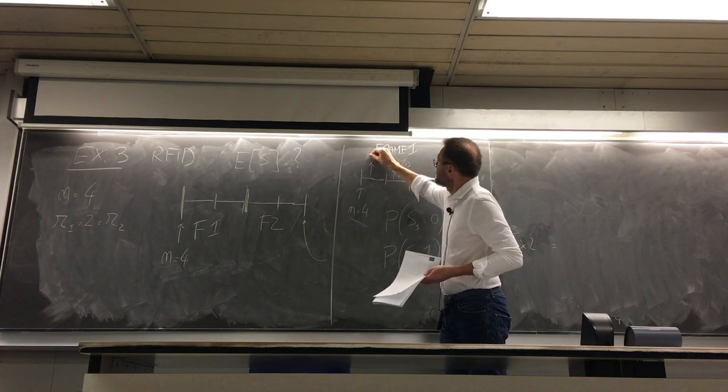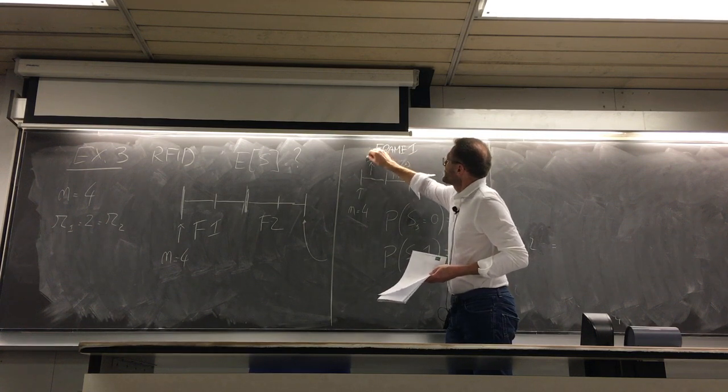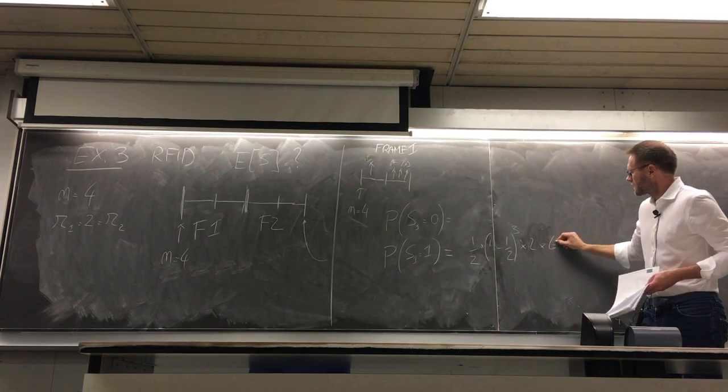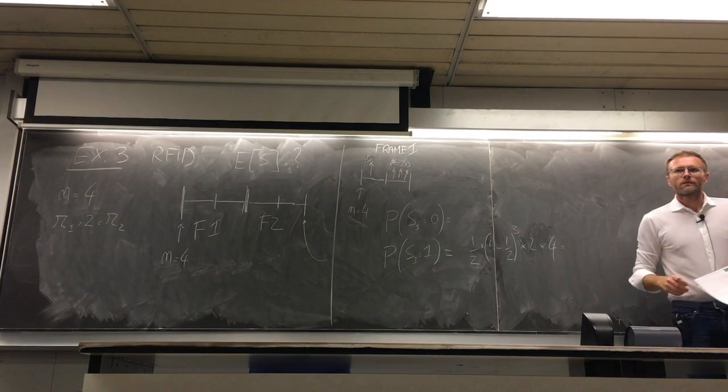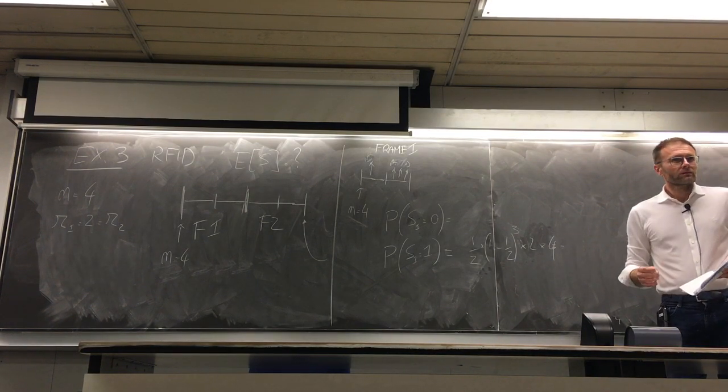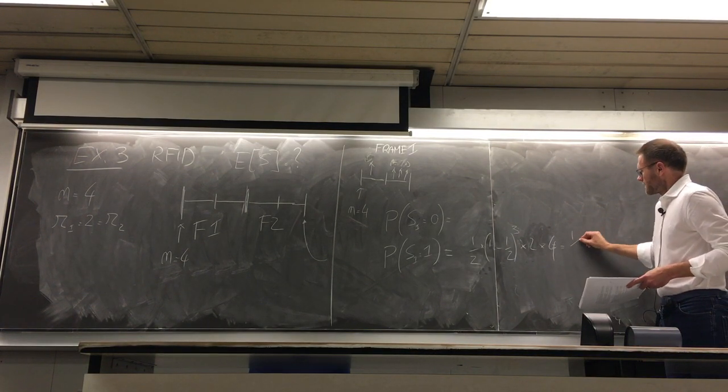It can be tag B, or tag C, or tag D, and so on. Clear? And this is 1/2.